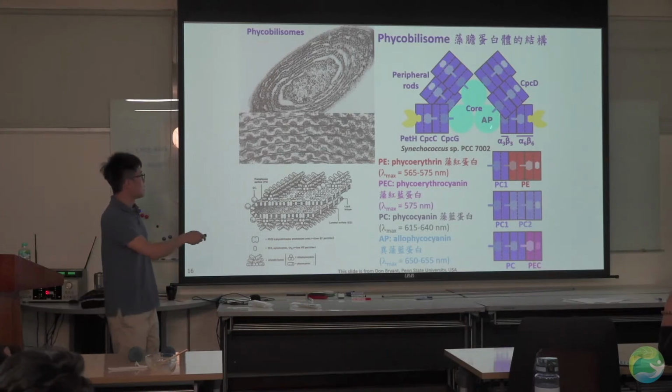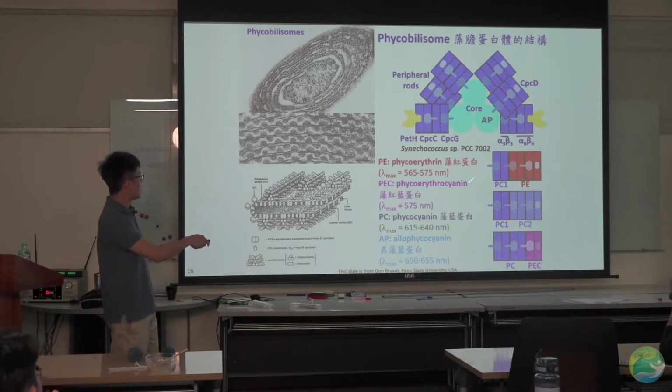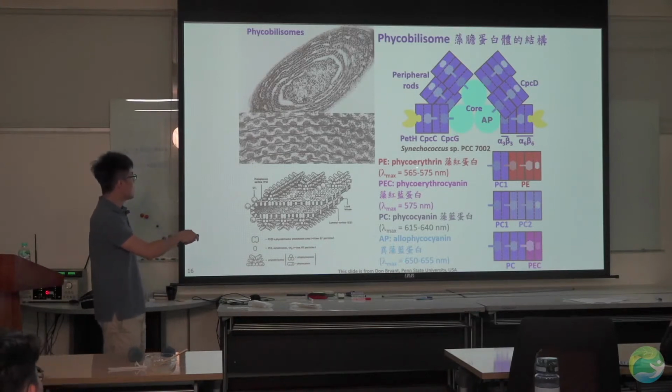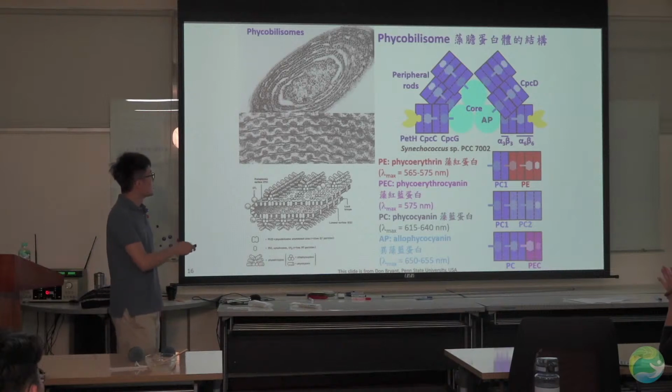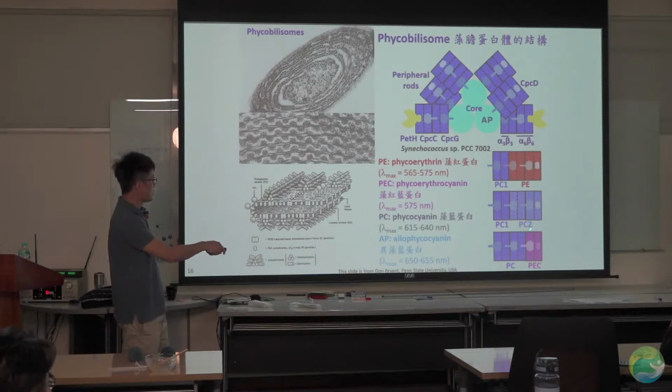We call it allophycocyanin, and the rods could be phycoerythrin, phycoerythrocyanin, or phycocyanin. So the allophycocyanin must connect with the phycocyanin, and the phycocyanin can connect to either PEC or PE.